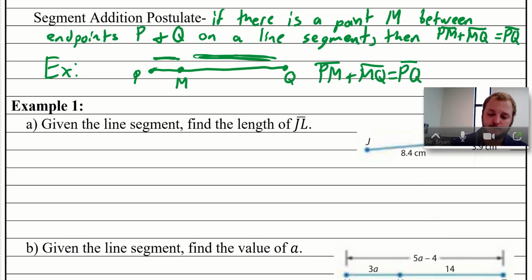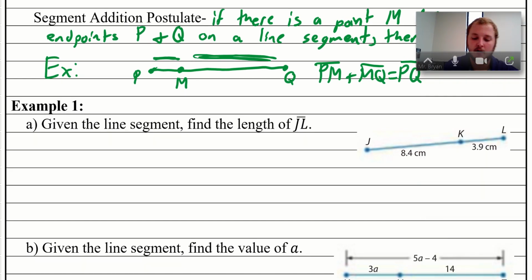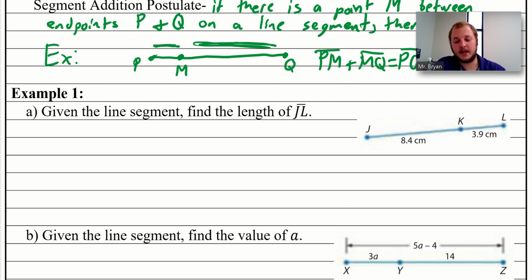Okay, first one, move myself up to the top here. If I'm looking at example 1, I have this line segment and I have the whole thing, so I name it JL because those are the two endpoints. I have line segment JL and I want to find the length of that. Okay, well, if I want to do that, I'll give you a sec to pause and draw this diagram for me real quick.